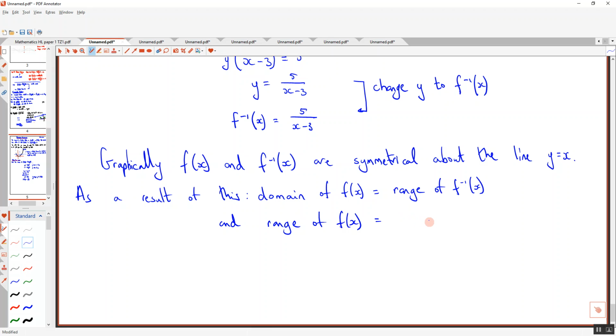So it's just like they're switched. The domain of the function is equal to the range of the inverse, and the range of the function is equal to the domain of the inverse.